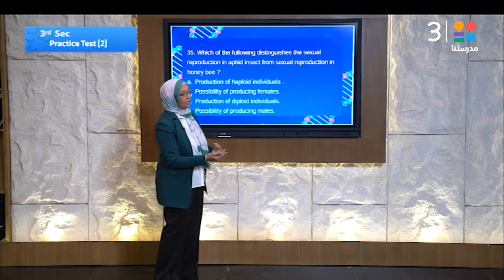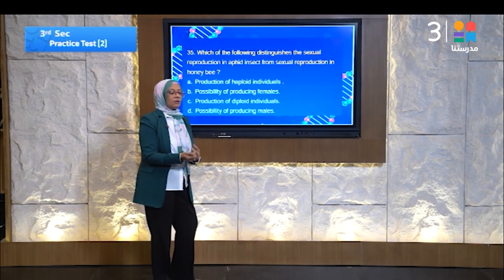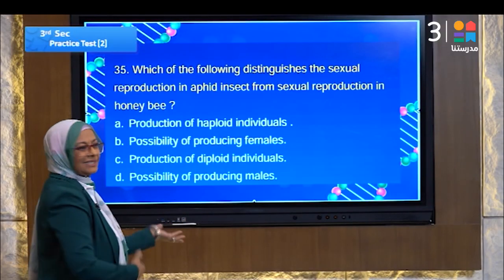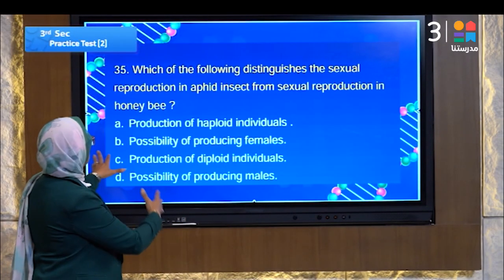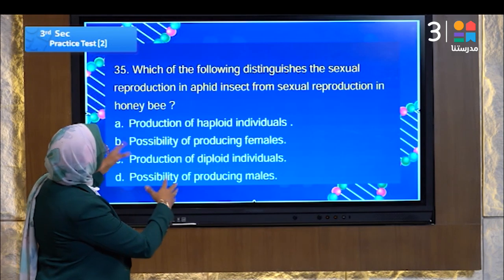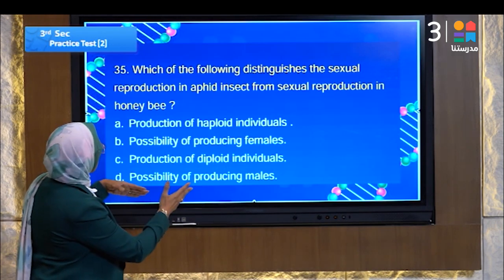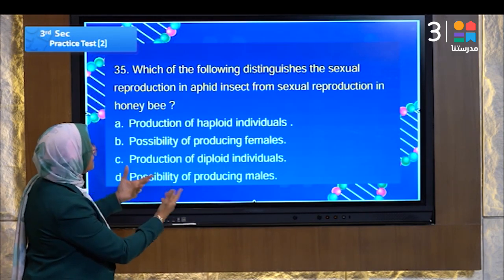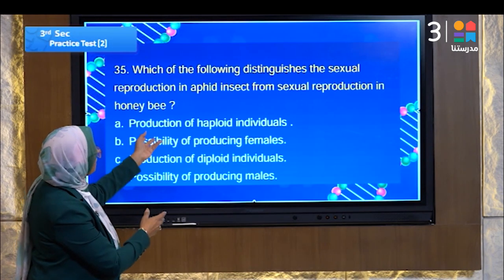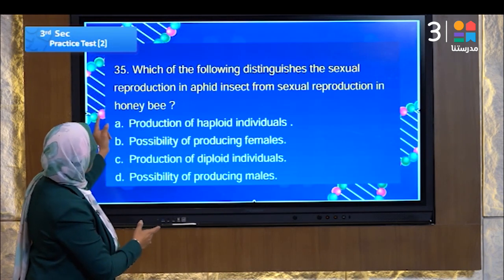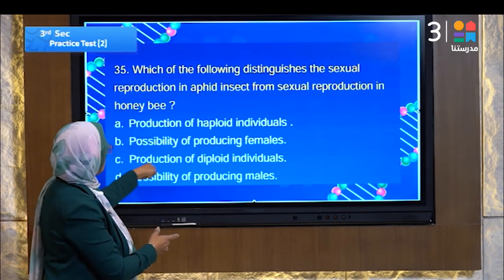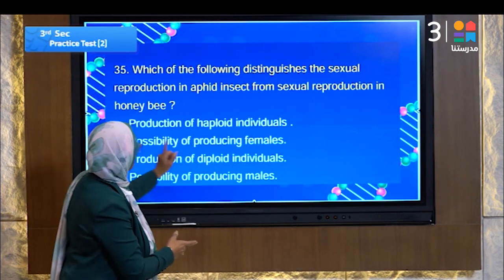3 types: the queen, the male individual, and the nursery. Which of them? Let's read the choices. A, production of haploid individuals.